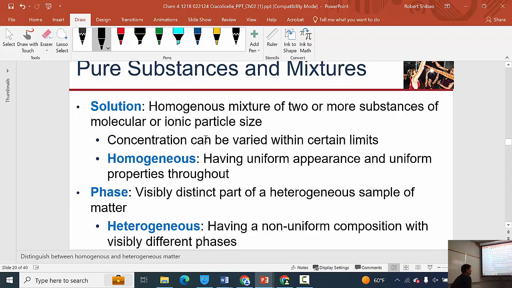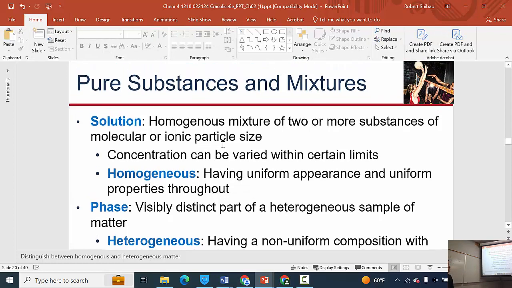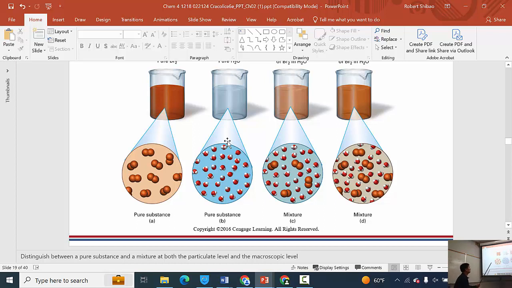Now, when we look at it at a macroscopic level, homogeneous and heterogeneous refer to what the mixture looks like, or what the substance looks like. If it's homogeneous, it has a uniform appearance. So when we go back, these all look homogeneous to the naked eye. So this is homogeneous, homogeneous, homogeneous, homogeneous.